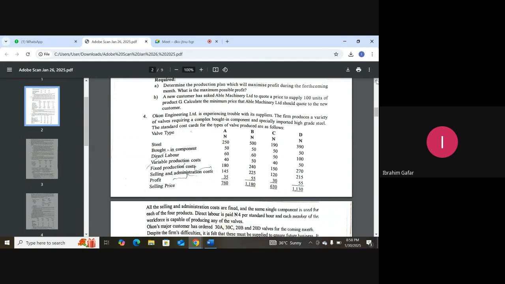If you remember, when we started this class, based on the topic itself, decision making with a single limiting factor, I explained that we have a series of things that can cause a limiting factor.